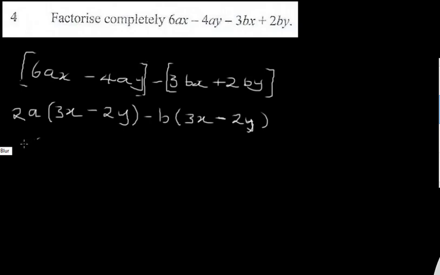We would have 2a minus b. We put this in brackets, we close the brackets, and then since these two are the same, we would pick only one of them and have 3x minus 2y. And that is how we factorize completely, okay? So we can move on to question number 5.